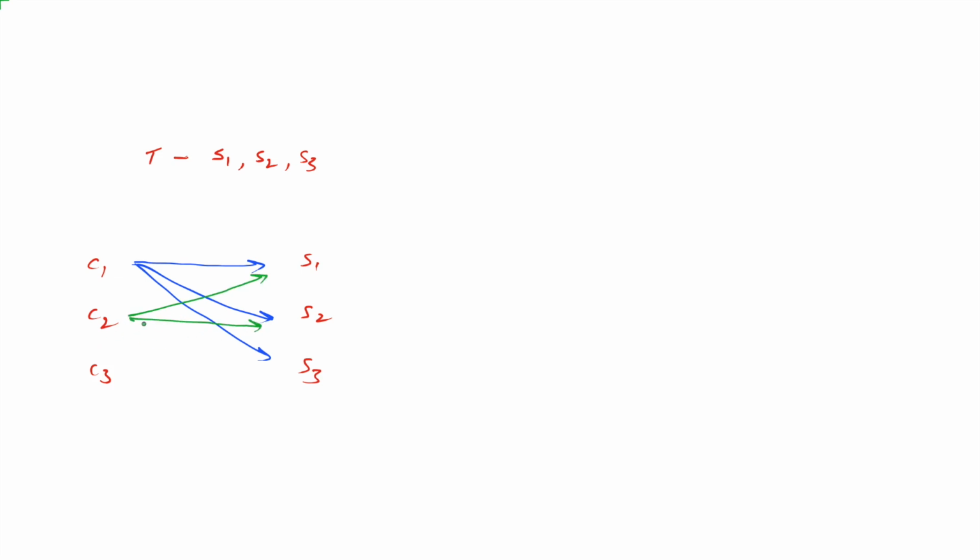And C3 also needs to talk to all three systems. So this is your pattern, and you can clearly see that this is very clumsy, because each client is talking to all three different systems.